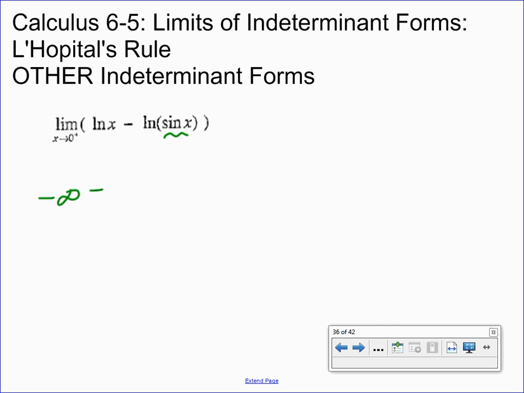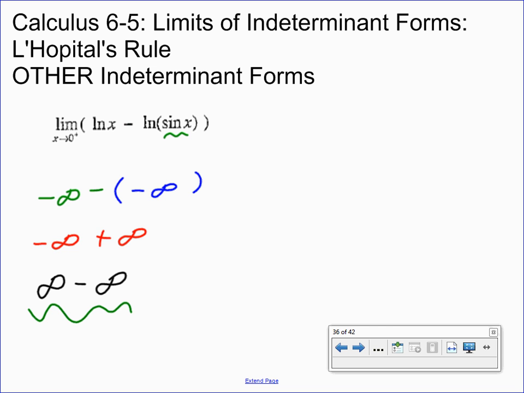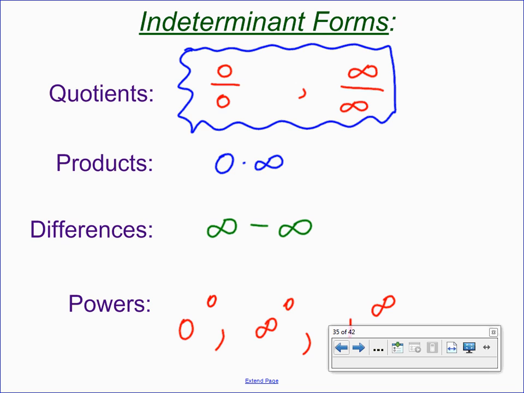So I'm getting negative infinity minus negative infinity. Well, that would be negative infinity plus infinity, and this would, lo and behold, be an indeterminate form. This is my indeterminate difference, infinity minus infinity.